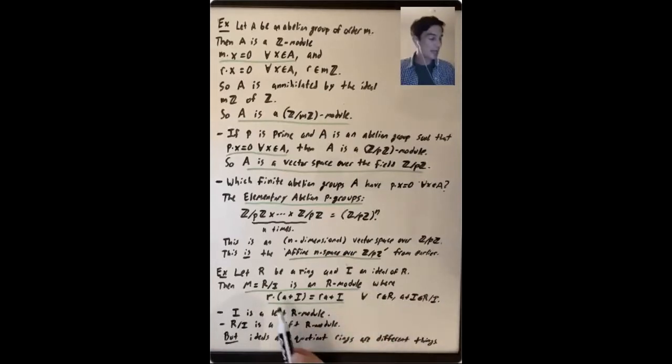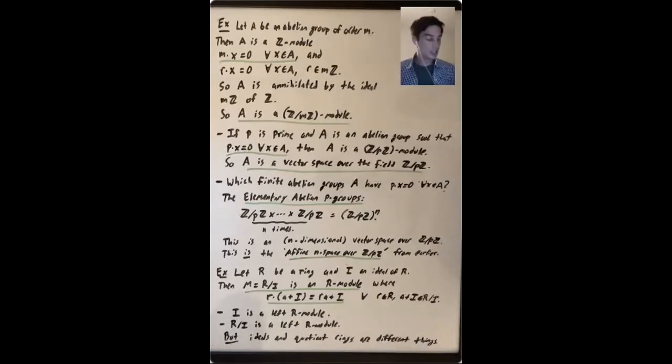So what is the action of R on an element of R mod I? Well, an element of R mod I is a coset of the ideal I. So we're going to define r dot (a plus I) to be the coset ra plus I. So this is for all r in the ring and a plus I in R mod I.